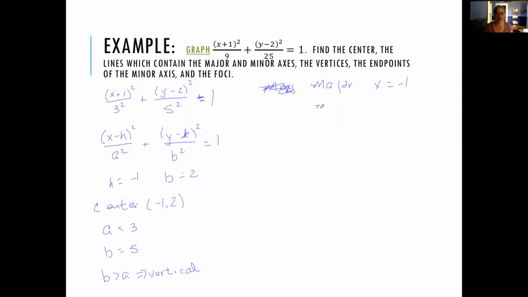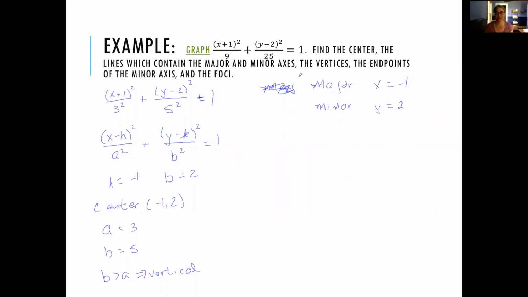My minor axis is a horizontal line that goes through the center, so that's going to be at y equals 2. Let's talk about my vertices.